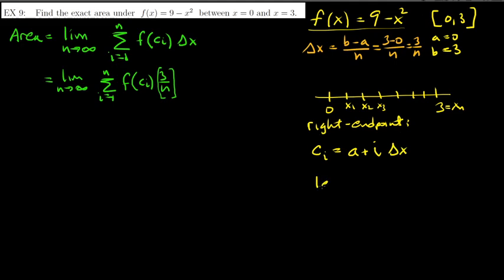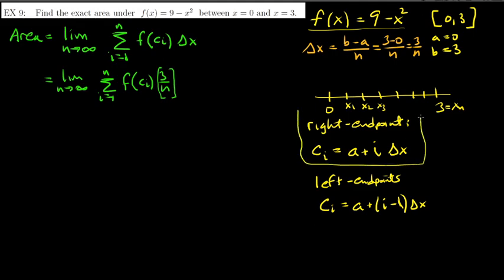If you want the left-hand endpoints, then your ci is going to be a plus i minus 1 times delta x. It's not that bad to deal with the i minus 1, but it just means you're starting here for your x1, x2, and so on. Of course you could start in the middle too, but let's keep it as simple as possible.